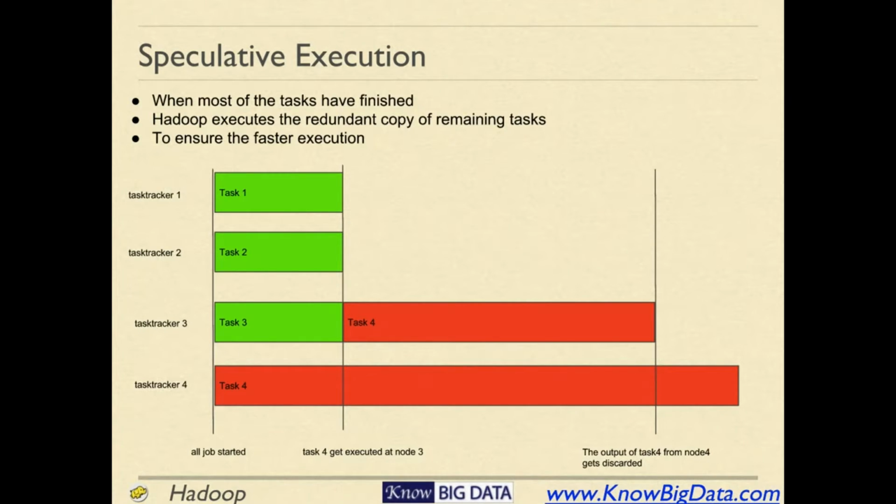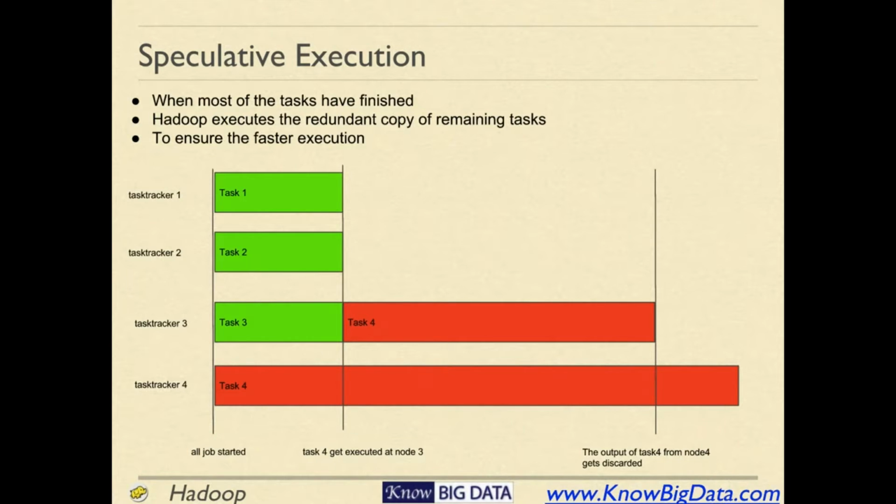So let's take a look at the actual example here. Let's say there are four task trackers, task tracker 1, 2, 3, 4. What YARN will do is we tell it that here are the four tasks, and we are enabling speculative execution.